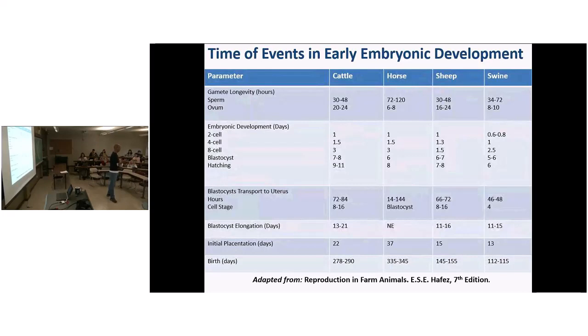Why would this be important for application? One interesting thing is, yes, up to 4 to 5 days, all the development of the embryo occurs inside the oviduct. Okay, it's not even in the uterus. So by the time it reaches that morula stage, it's already leaving the oviduct and arriving in the uterus. Okay.